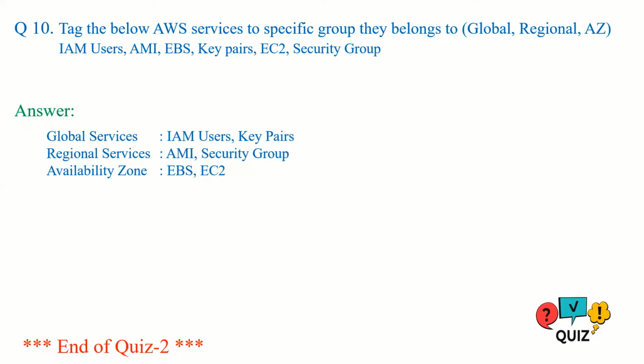It can be done only within the same availability zone. The same thing goes with EC2 instance, the virtual machine that you create is tagged to a particular availability zone. The same virtual machine is not visible in the next availability zone or region.